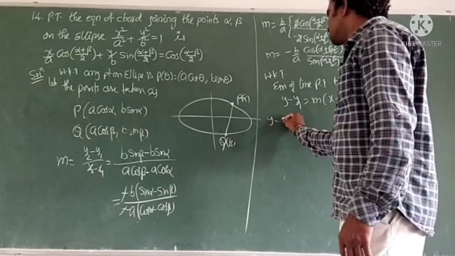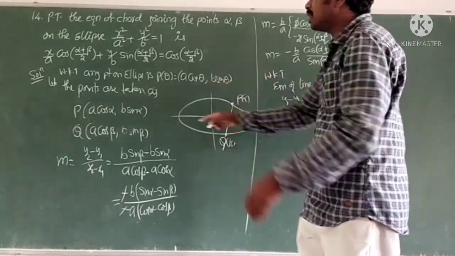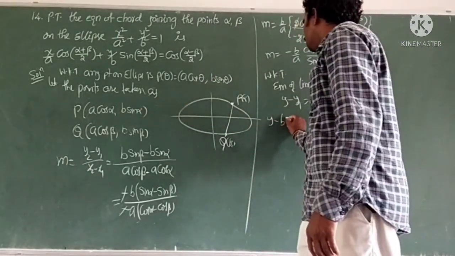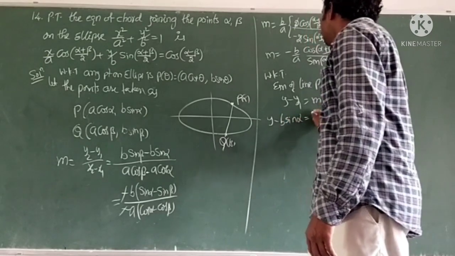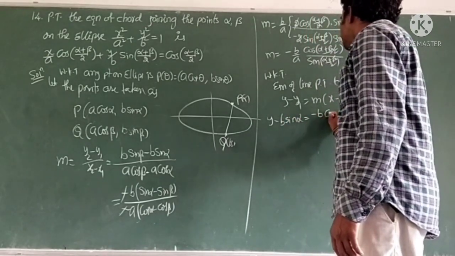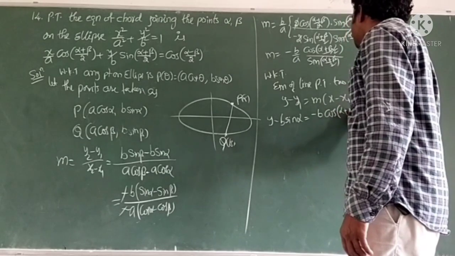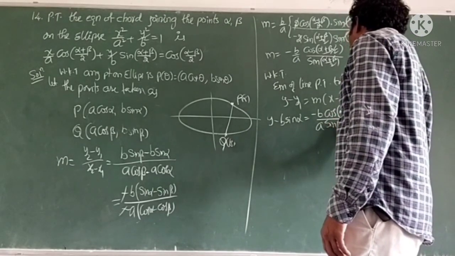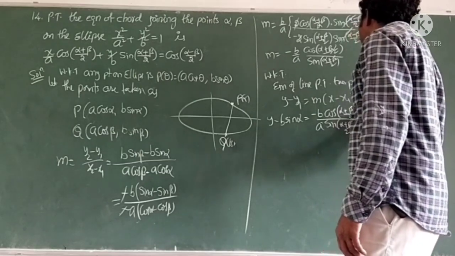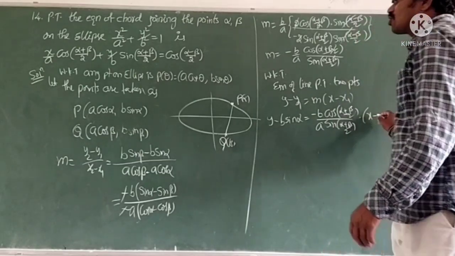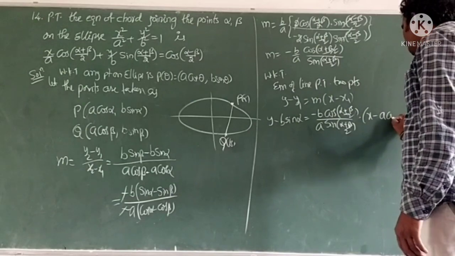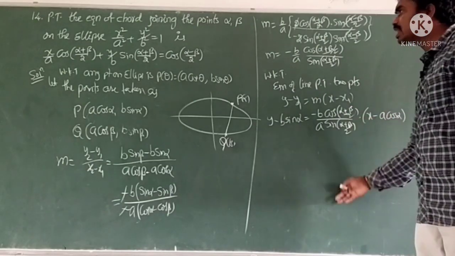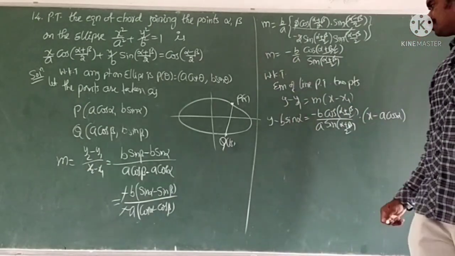So y1 means b sin alpha is equal to m, meaning minus b cos of alpha plus beta by 2 by a into sin of alpha plus beta by 2, into x minus x1, meaning a cos alpha. So by simplifying this we can get the condition.